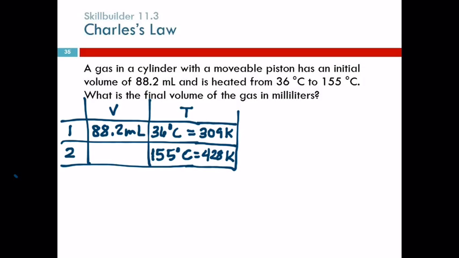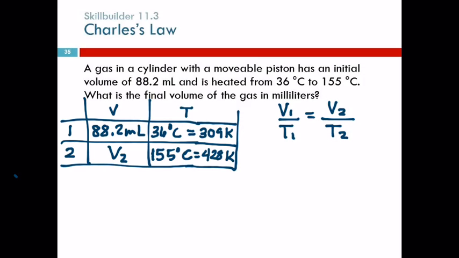I'm looking for the final volume, and that's going to be this V2. So then I use my equation for Charles' law, and that's going to be V1 over T1 equals V2 over T2. I'm solving for V2.